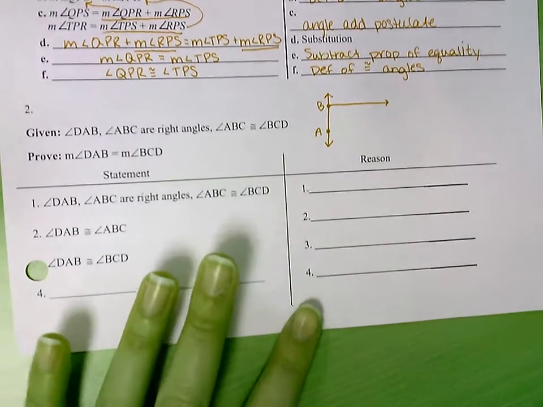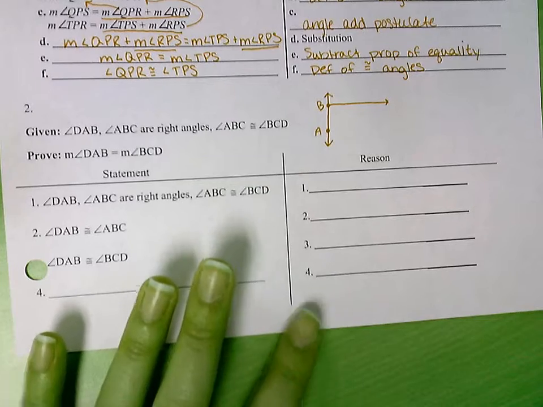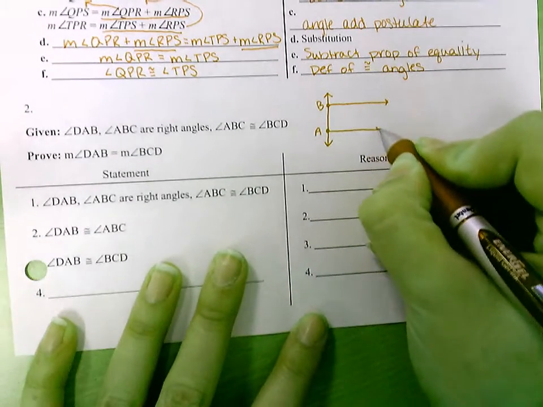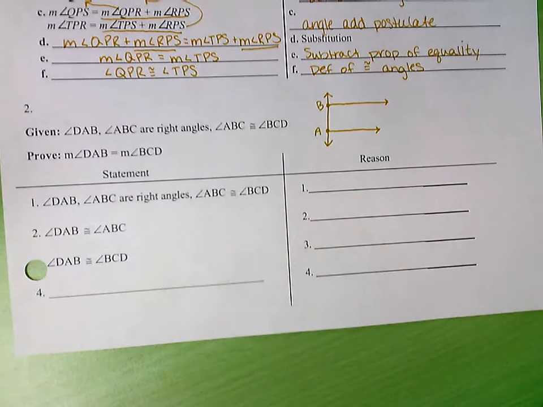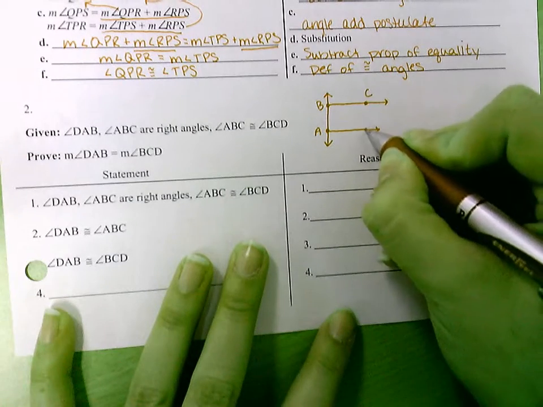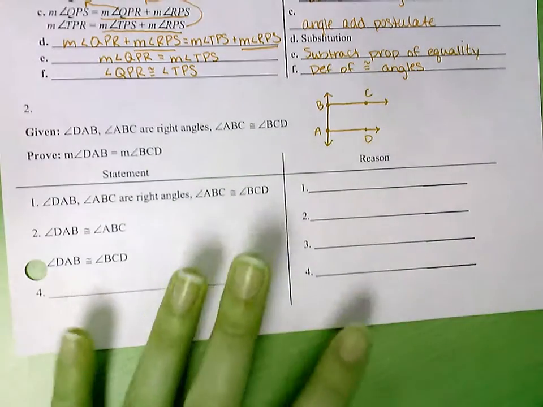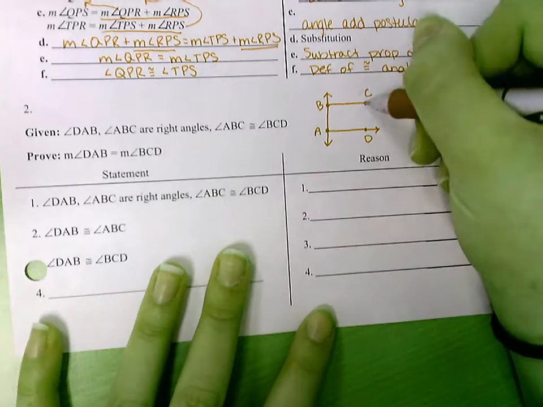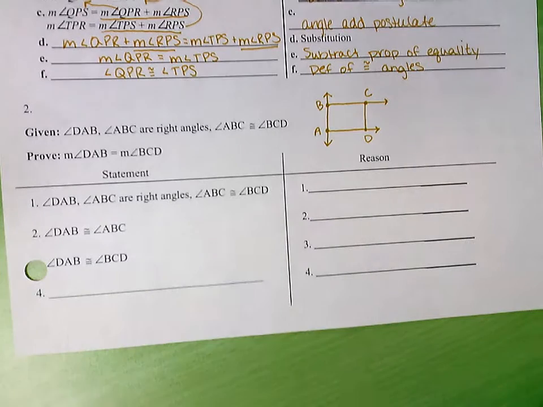I have a horizontal coming off of point B and a horizontal coming off of point A. I have point C and point D, and I'm going to connect those two.